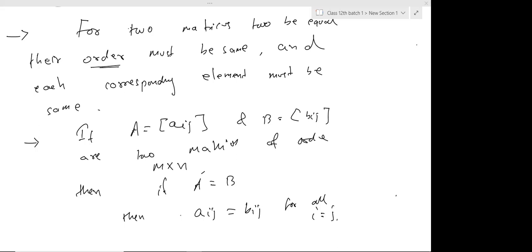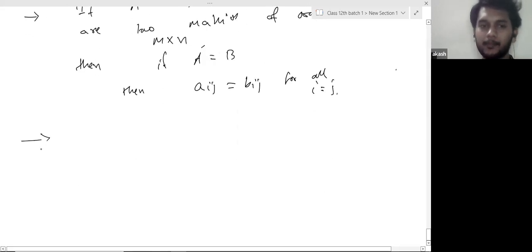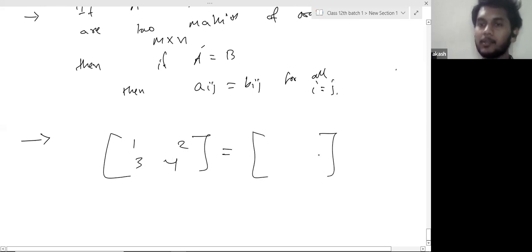Yes, sir. All right. So all this language, just for the sake of it, just understand this, that if two matrices are equal, then the order must be same. What this means is the rows and columns must be equal. And if I write 1, 2, 3, 4 here, and this is equal to some other matrix, then here also 1, 2, 3, 4 must be written as it is.